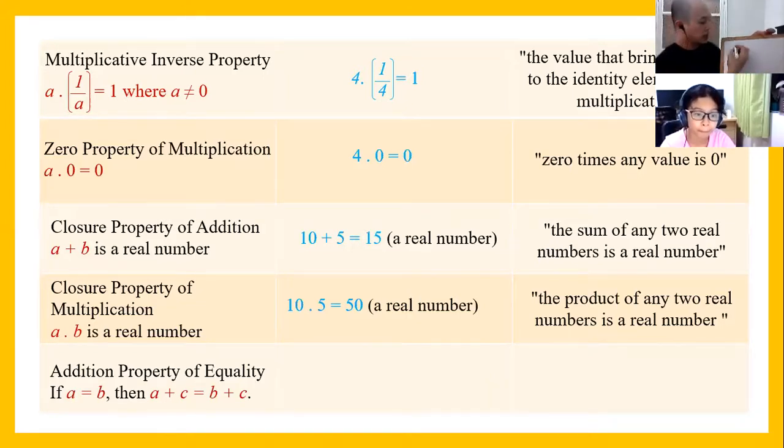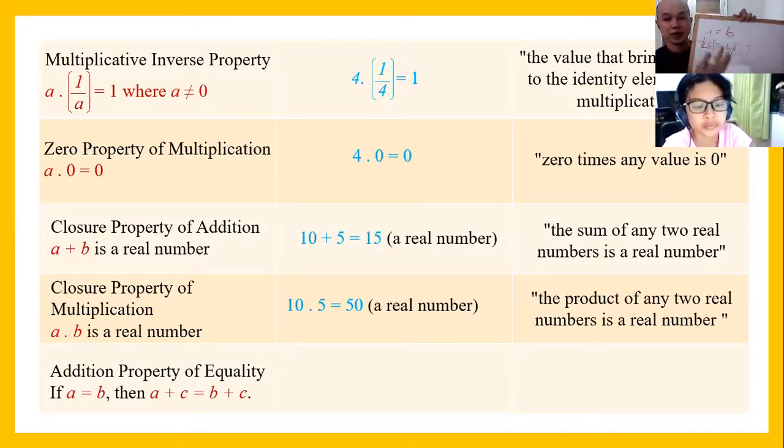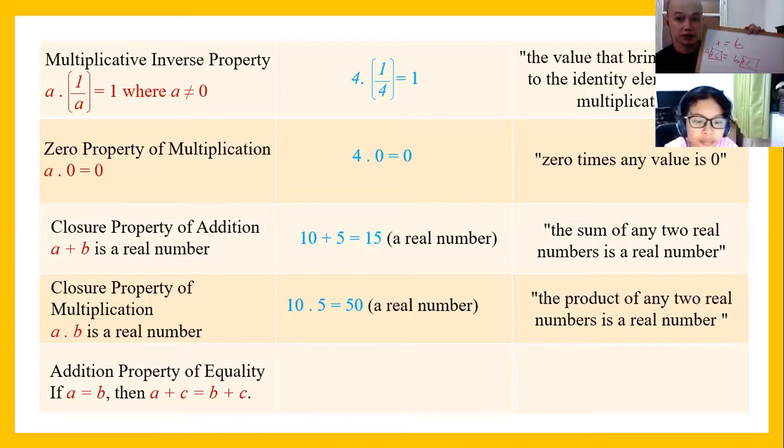A is equal to B. That means that when you add a number here and you add the same number there, it will yield the same results. So A plus C will be equal to B plus C. You add the same thing on both sides, plus C and plus C, and it will yield the same results.